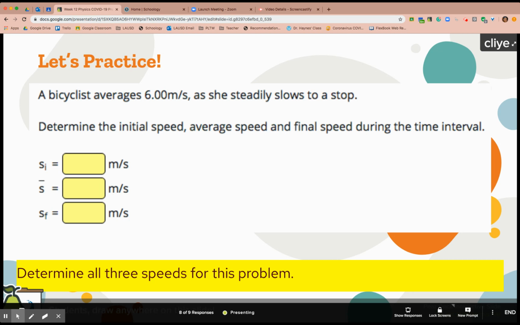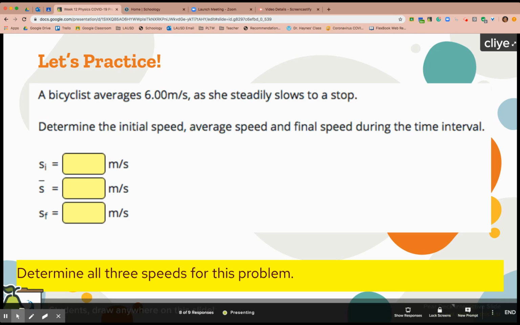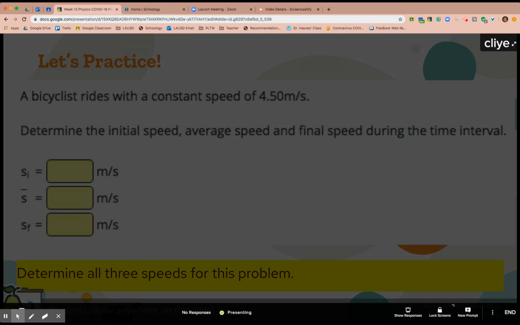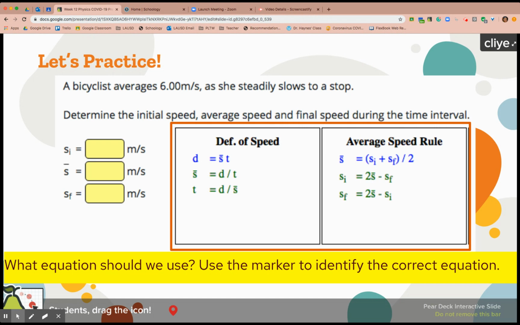And just in case, do you guys need to see the equation again? Let me go back. So here's the equation.